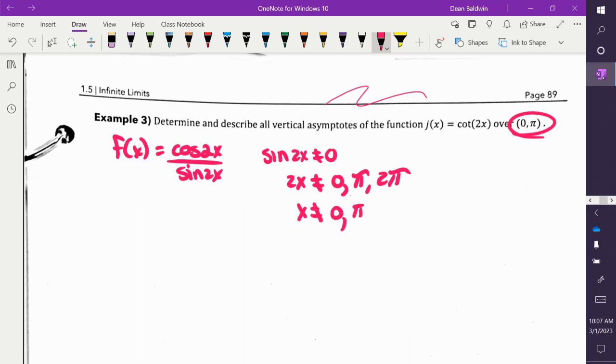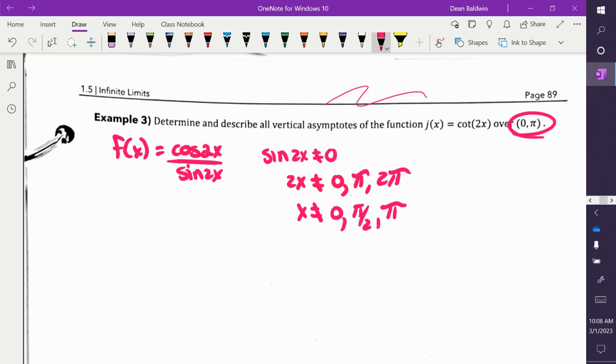Pi divided by 2 is pi over 2. 2 pi divided by 2 is pi. Look at how convenient that worked out. It's our domain. We have 3 points of discontinuity, because if I put 0, pi over 2, or pi into this function, I get 0 in the denominator.